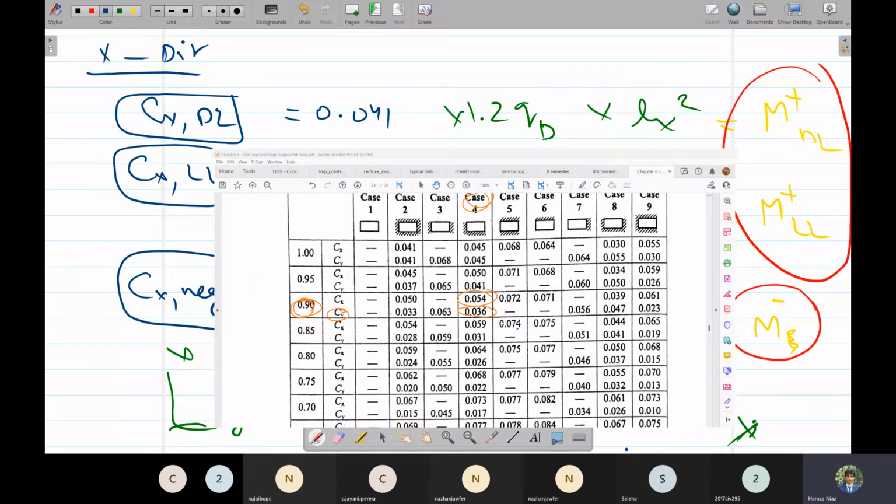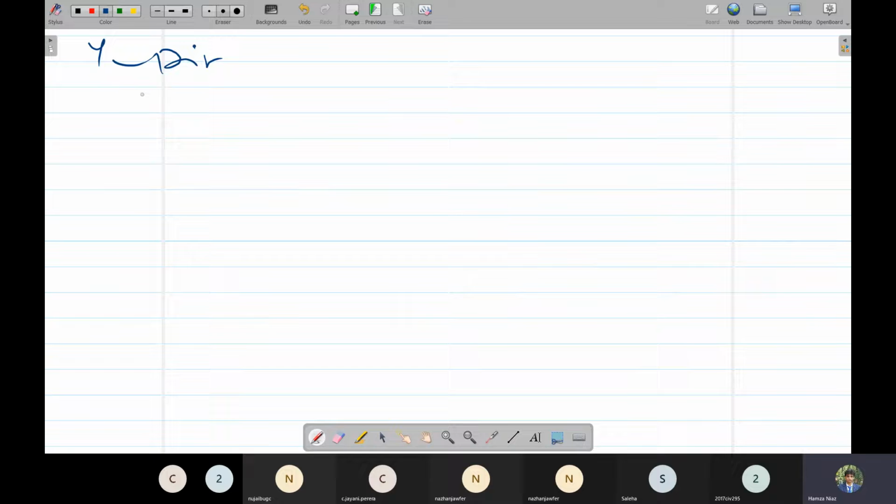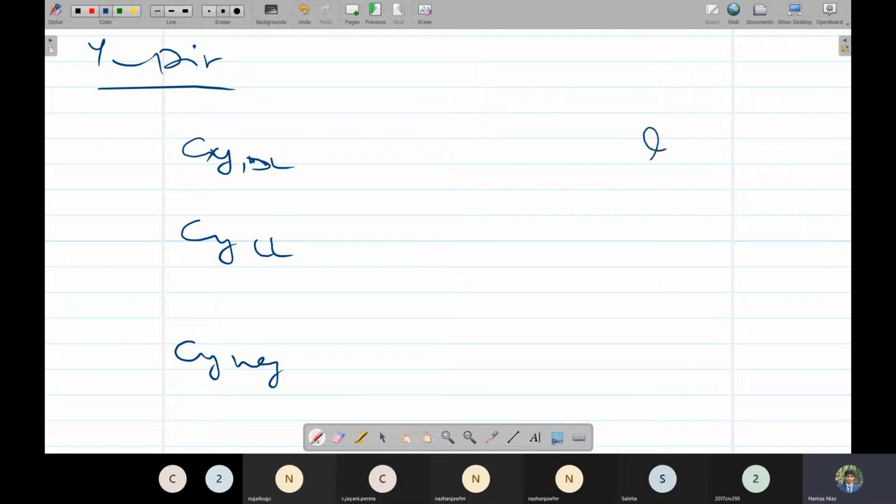We have to change the coefficients, and change the Lx length to Ly. The load will remain the same. So in the y direction, we use Cy dead load, Cy live load, Cy negative, and Ly square. This is the only difference between x and y direction.